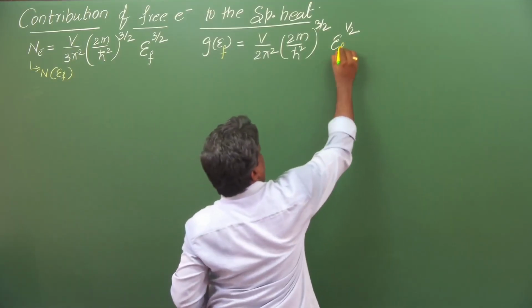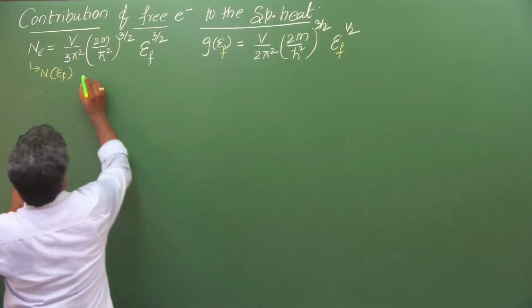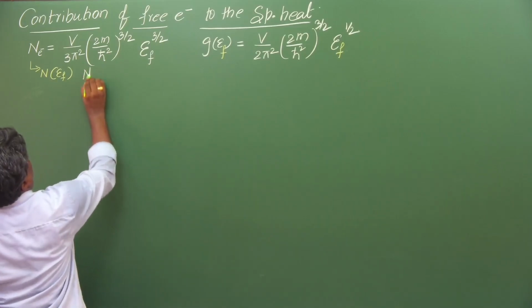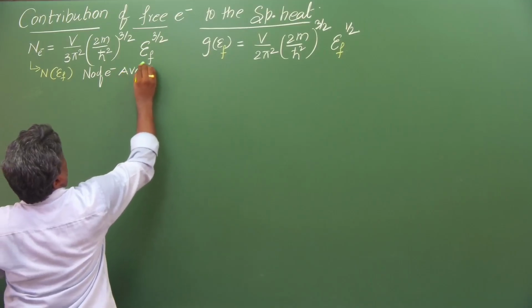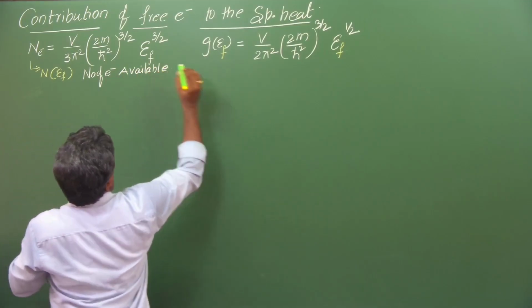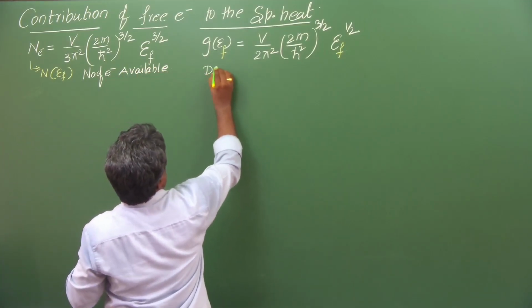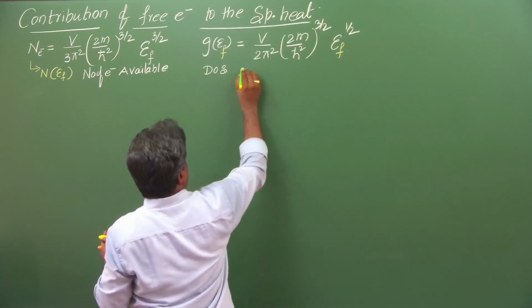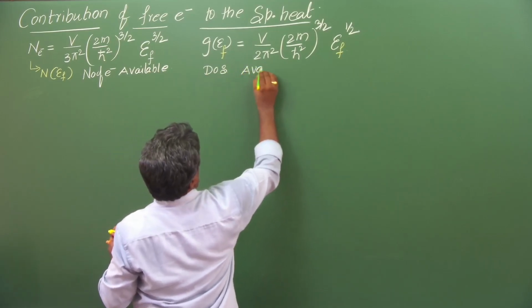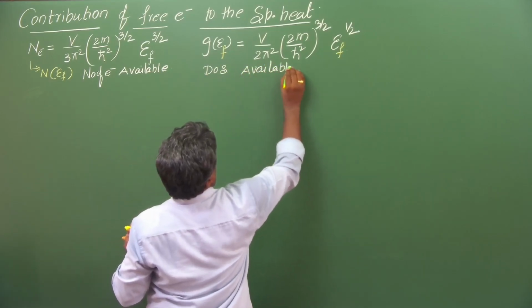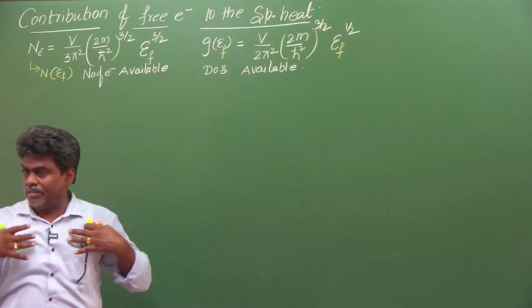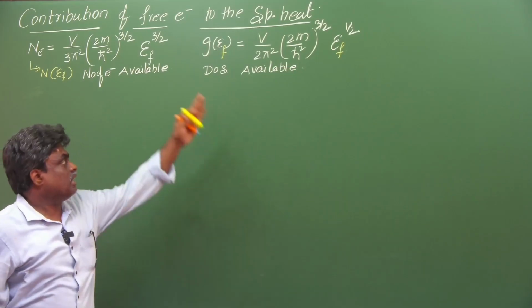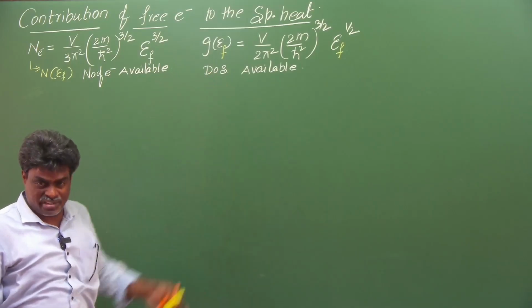So these are the total number of electrons, and this is the density of states available. Right now my system has this much number of electrons and this much density of states.